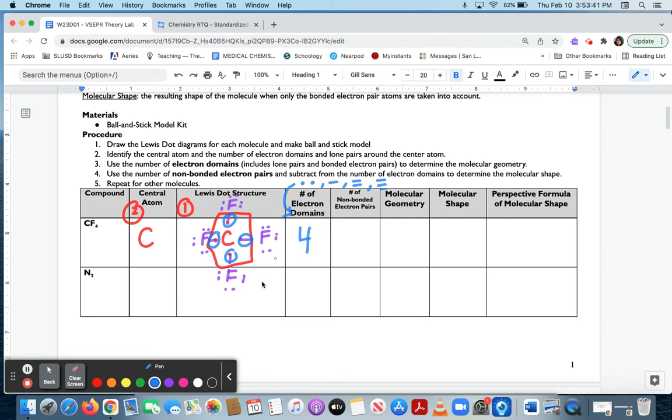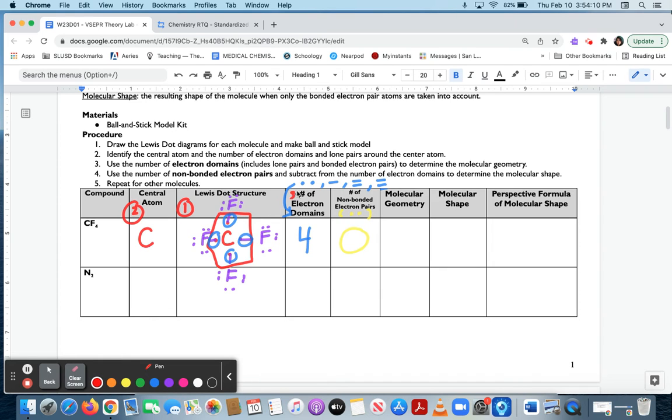Once I've identified that, I also want to identify the number of non-bonded electron pairs or lone pairs. So again, looking directly connected to the central atom of carbon, how many lone pairs are there? Well, of the 4 that I circled, none of them are lone pairs. So it's going to be 0 lone pairs.